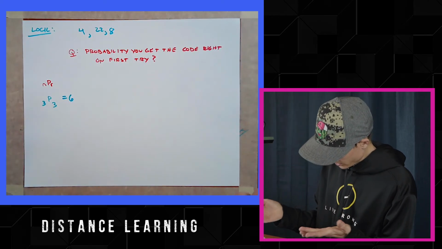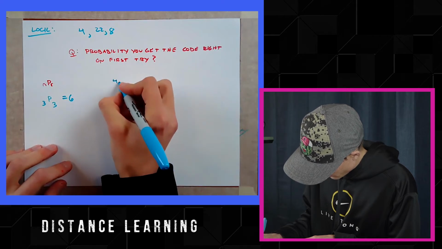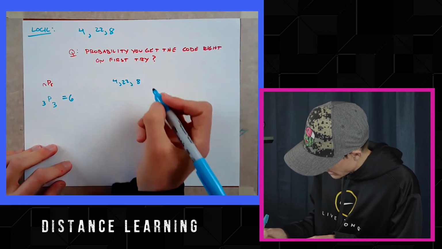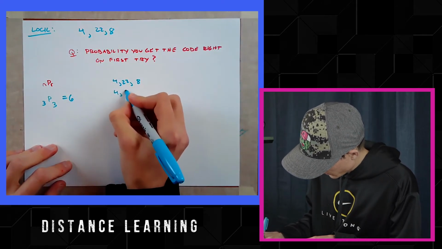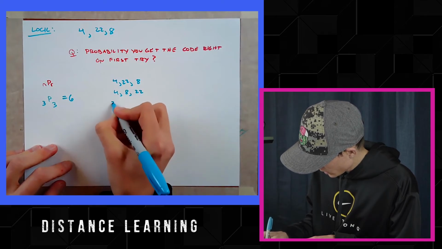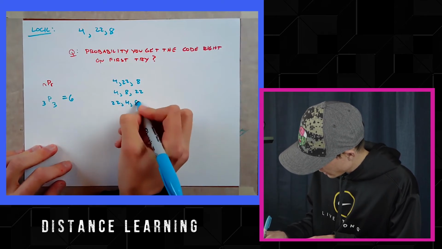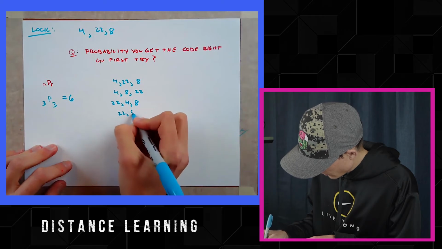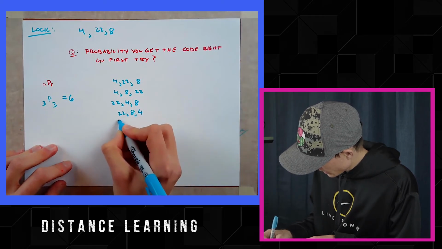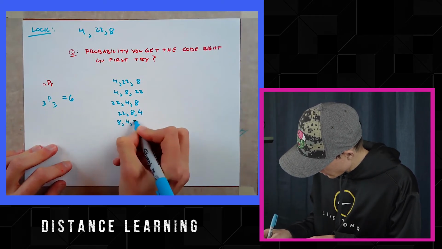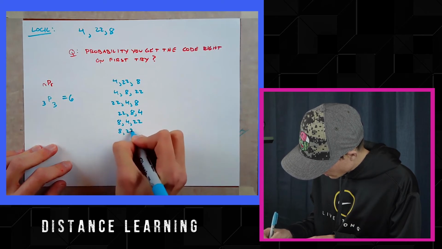And you'd be like, are there 6? Yes, there are. It could be 4, 22, 8. It could be 4, 8, 22. It could be 22, 4, 8. It could be 22, 8, 4. Could be 8, 4, 22. Could be 8, 22, 4.